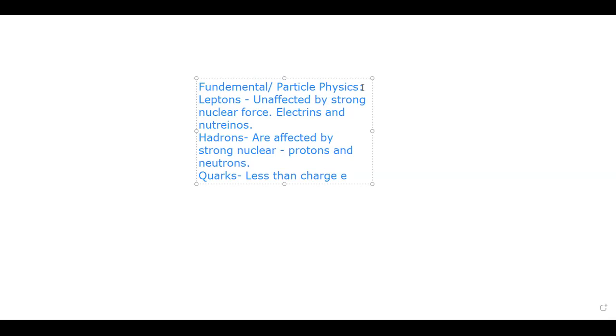Along with that, there are 6 types of quark, and each is associated with an antiquark. So we have 6 different types of quark, and each quark also has a specific antiquark. Let me tell you about the different types of quark and antiquark.